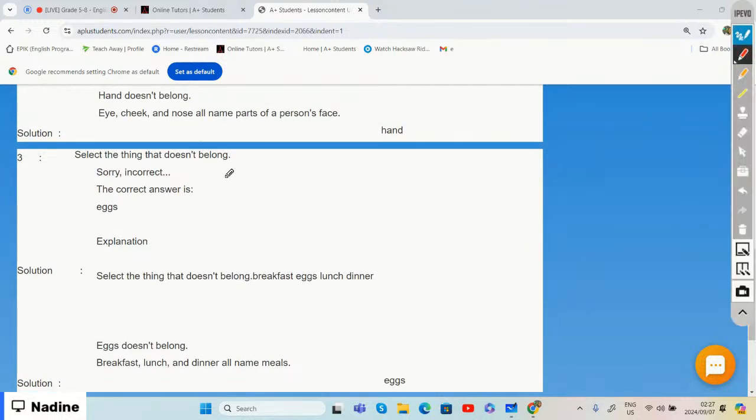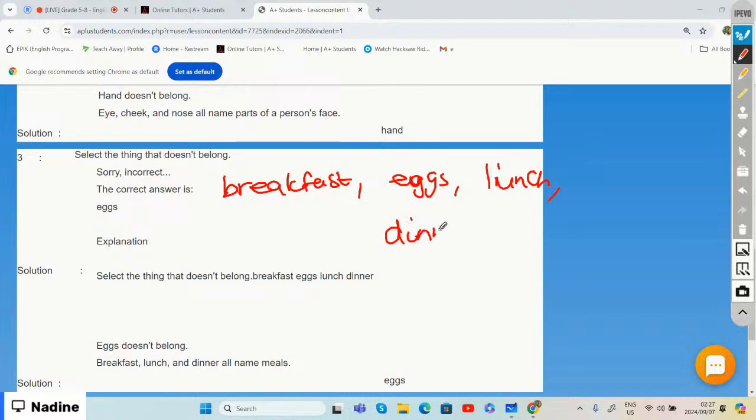We have words like breakfast, we have eggs, lunch, and we have dinner, right? So we need to select the word that doesn't belong.